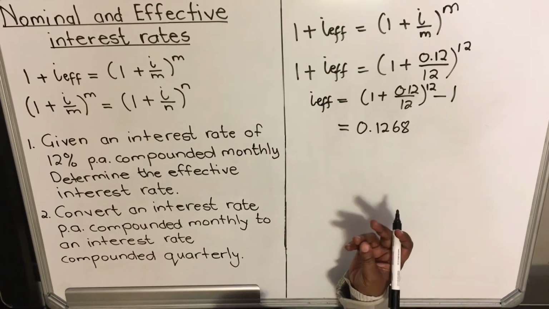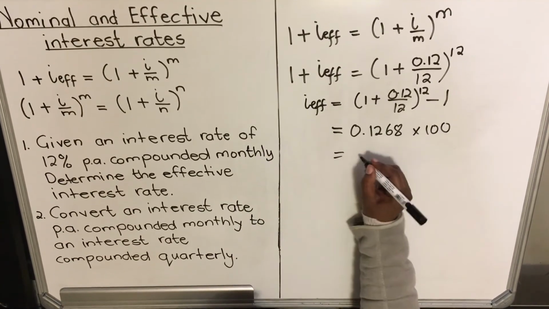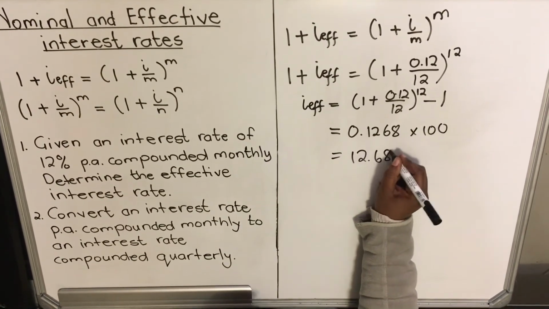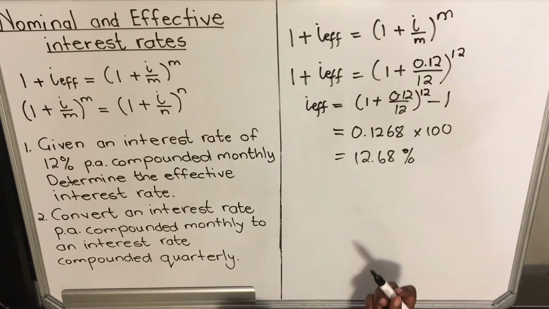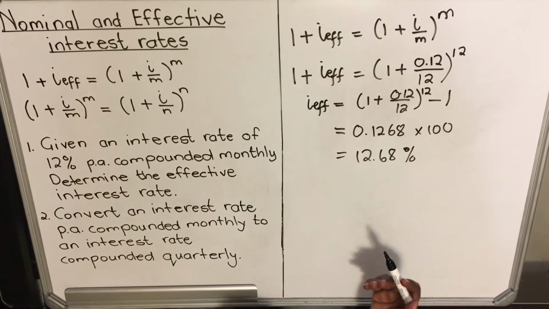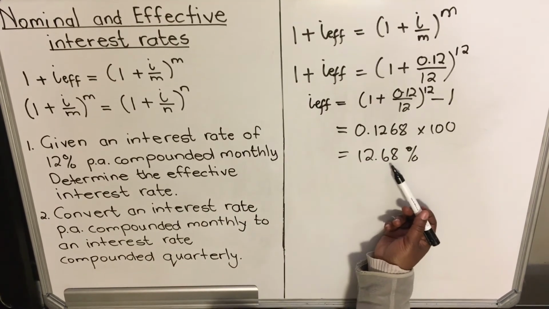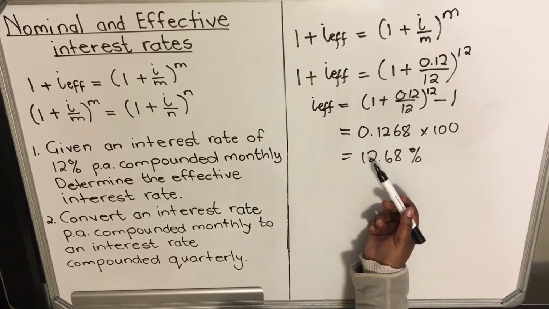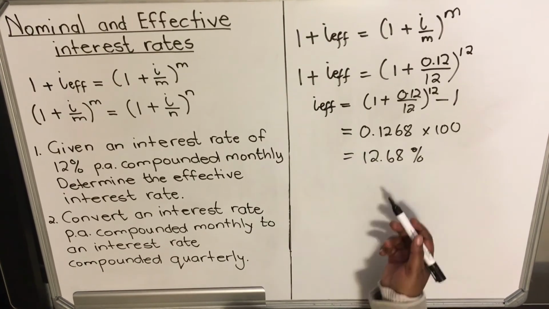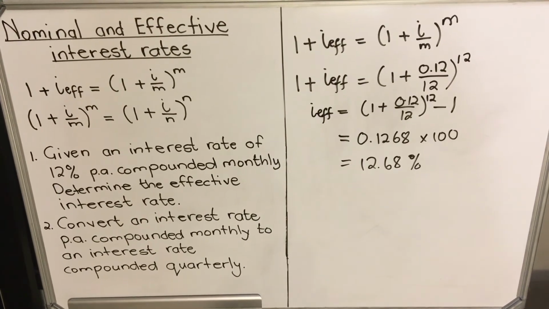Then we want to write it as a percentage, so we multiply it by 100. Then we have 12.68%. One other thing that you need to remember in this section, the answers are very close. It was 12%, now it's 12.68. You will not have 12% as your nominal interest and then your effective becomes 24 or 50. It's wrong. Then you can tell that you've done something wrong.